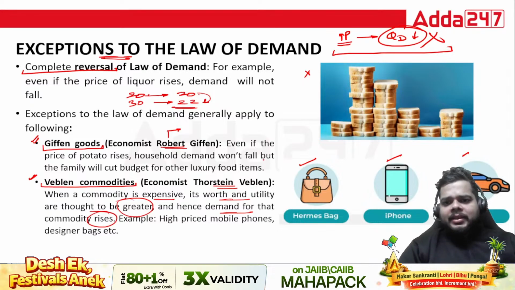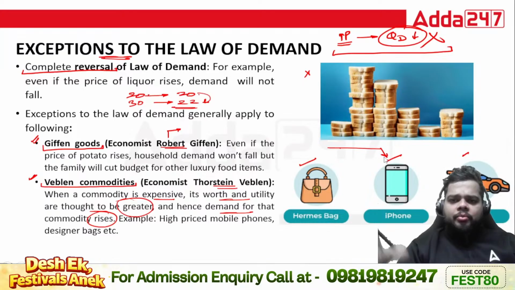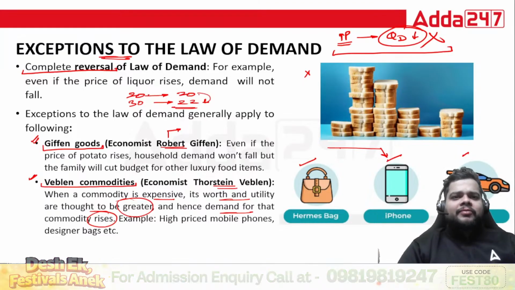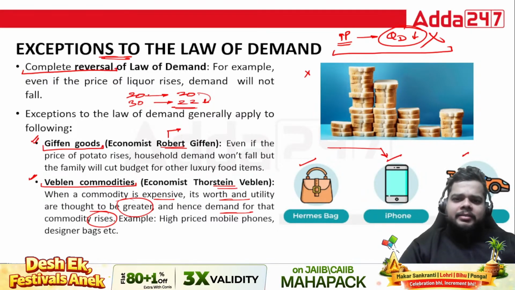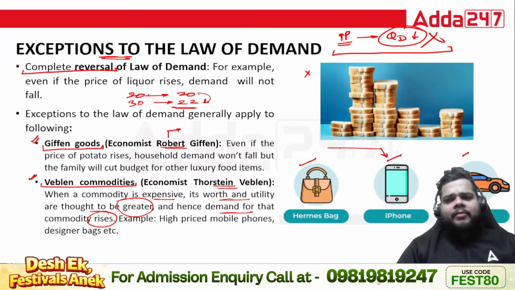You might have seen in India also, as compared to, let's suppose, 10 years back, now everybody owns an iPhone, right? It is such a common device now. Earlier, only few people used to have access to an iPhone, but now everybody is there.